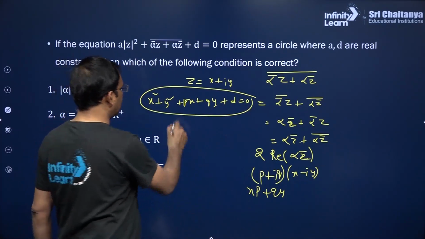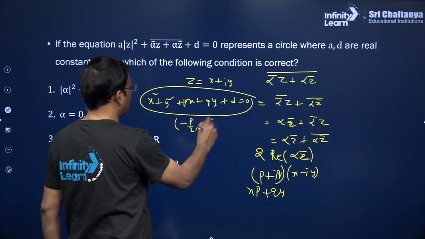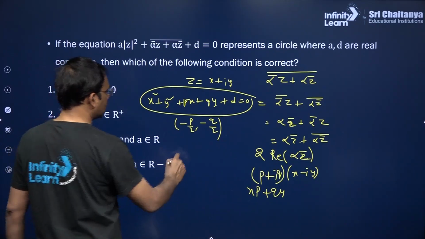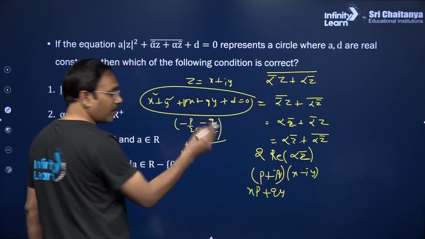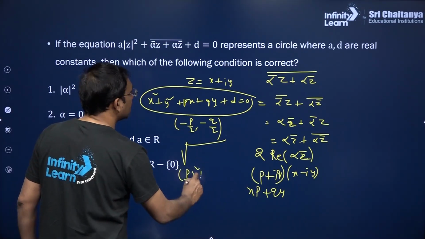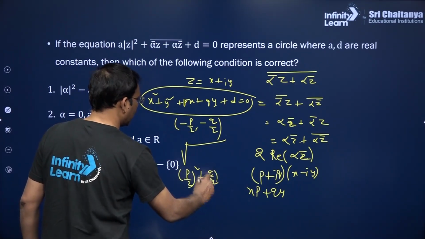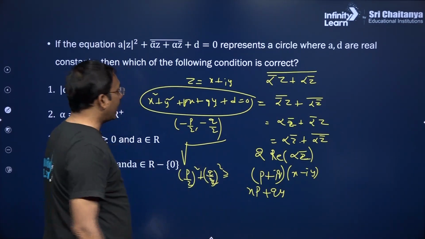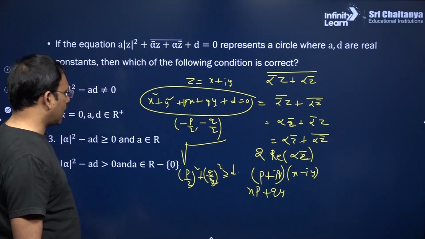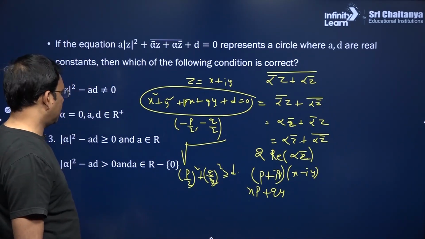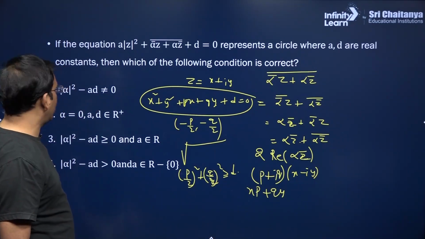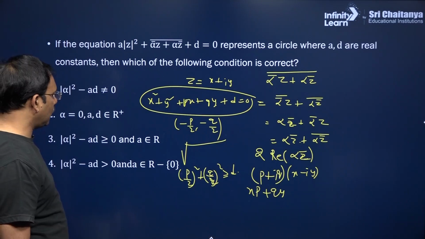So undoubtedly the center is minus p by 2, minus q by 2, and the radius is going to be, if it represents a circle, g square, that is p by 2 whole square, plus f square, which is q by 2 whole square, greater than or equal to AC. A is 1, C is d. So p square plus q square greater than or equal to, I can say this.